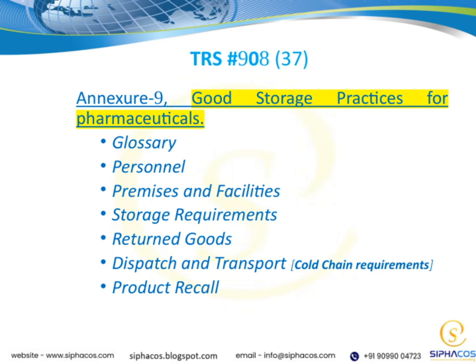And lastly, I want to briefly mention TRS 908, which is a reference code related to these practices, ensuring consistency and compliance across processes. All these points tie together to form a comprehensive framework for maintaining high standards in pharmaceutical storage, ultimately supporting the overall goal of delivering safe and effective medicines to patients.